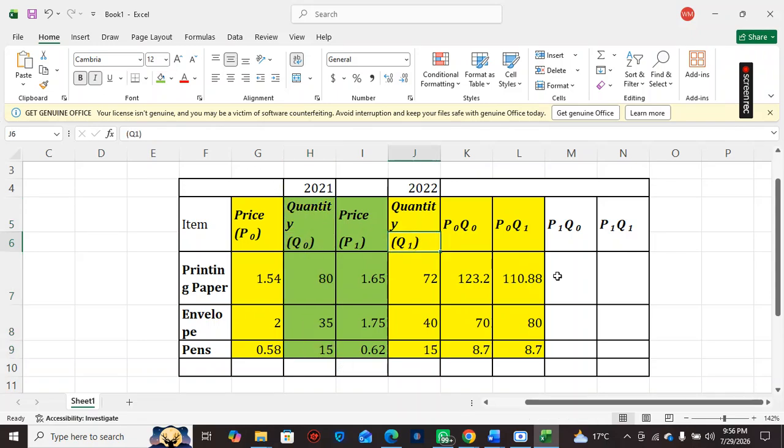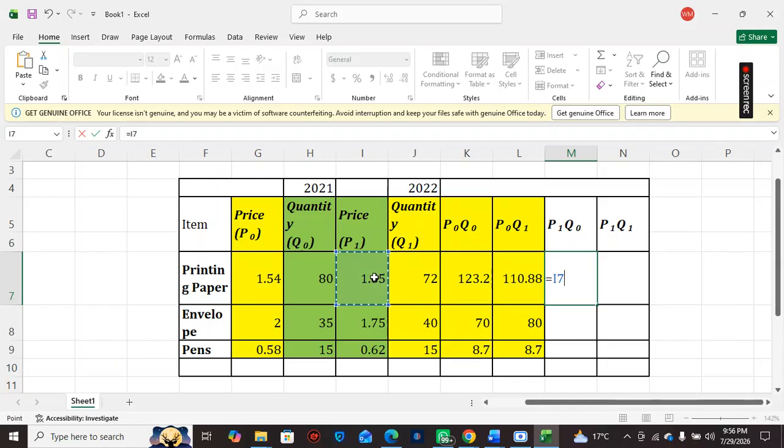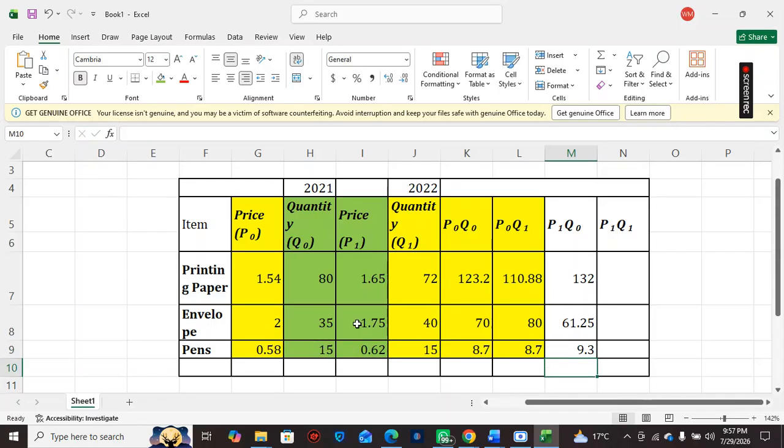Here, the price of printing paper in 2022, you're multiplying with the quantity of printing paper in 2021. The price of envelopes in 2022 multiplied by the quantity of envelopes for 2021. Price for pens in 2022 multiplied by the quantity of pens in 2021. Okay, colleagues?